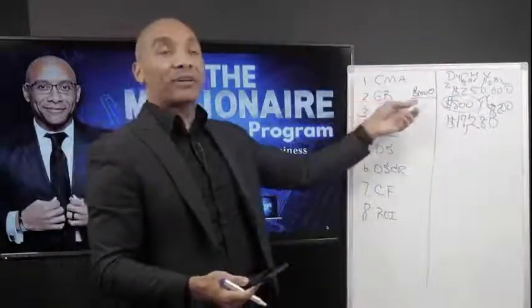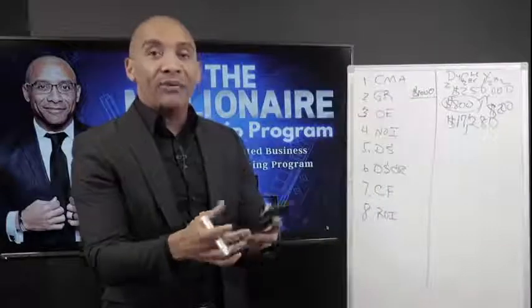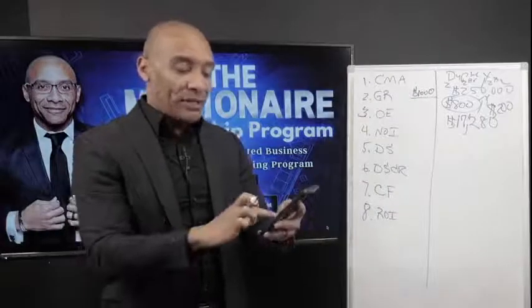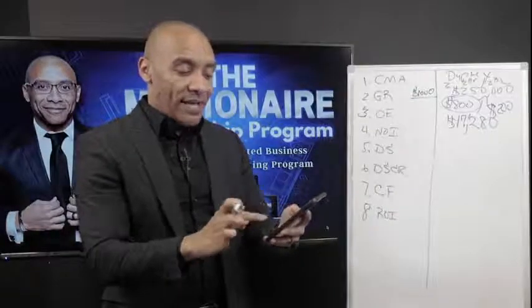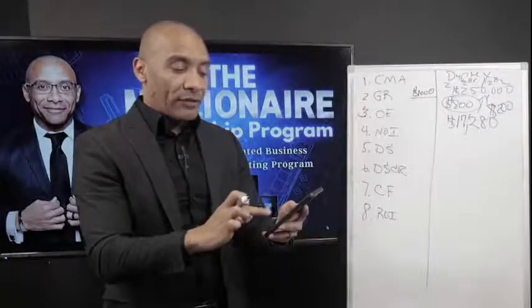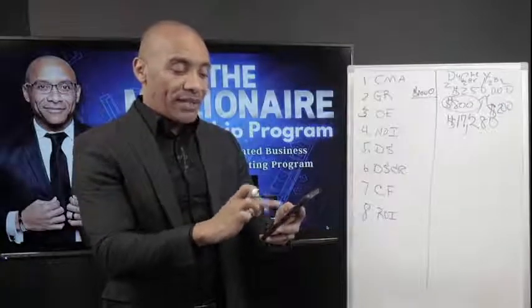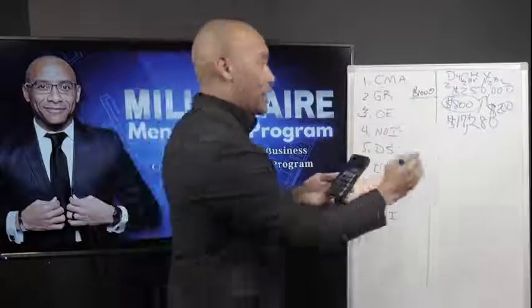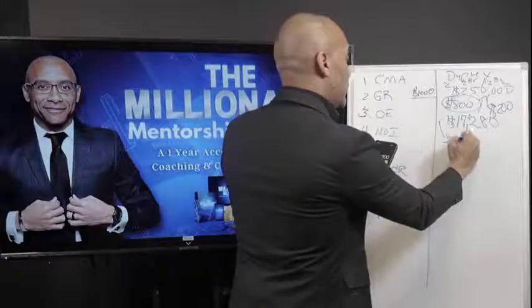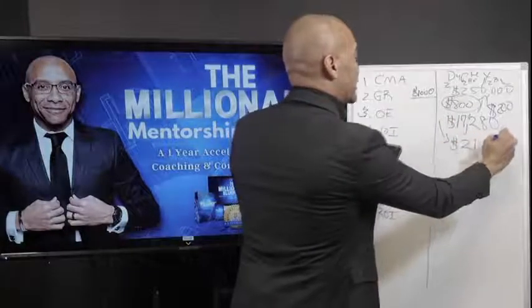But if you know the market rent is $1,000, you can do that calculation. That would be $2,000 a month times 12 times 90%. And so the potential rent could actually be $21,600.